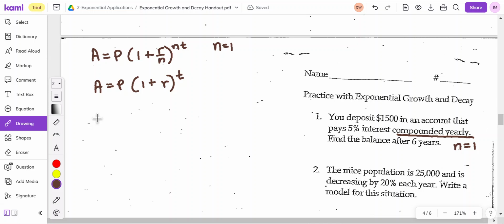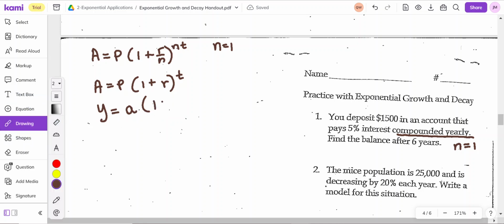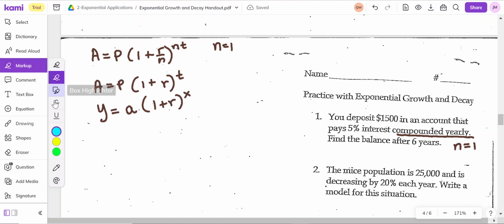Once we compare this to the growth formula, sorry, let me write 1 plus R here. So from this, we can see that the P represents the initial value.